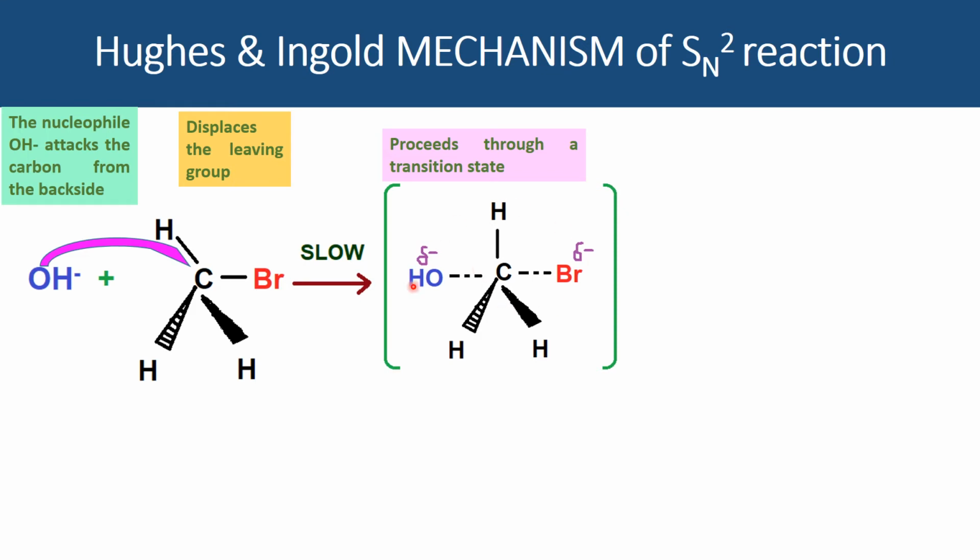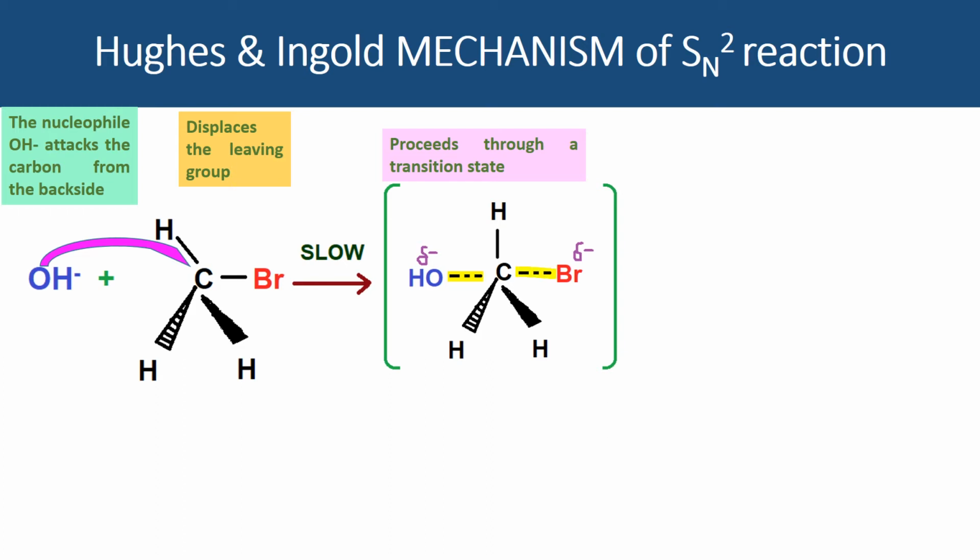The transition state is one in the formation of which both the substrate and the nucleophile participate. In the transition state, you can see here, the carbon is partially bonded to both the incoming nucleophile and the leaving group bromide ion.